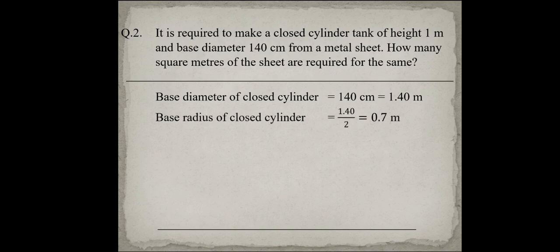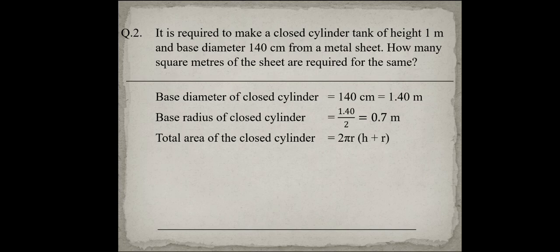It is 1.40 meter. So now the radius of this closed cylinder is 1.40 upon 2, because diameter upon 2 is equal to radius. So it is 0.7 meter. Now this is a closed cylinder, which means we need to find the total area of this closed cylinder.